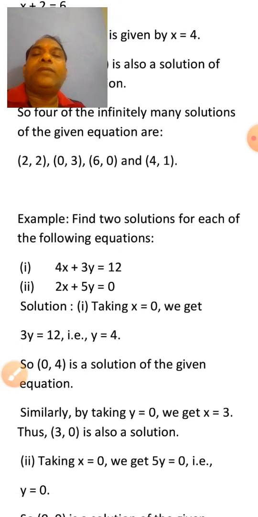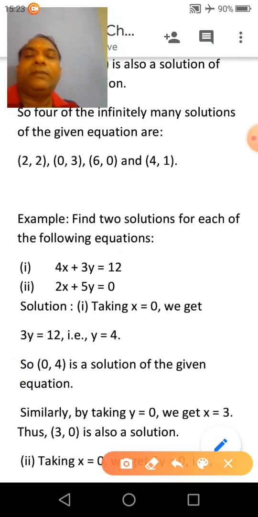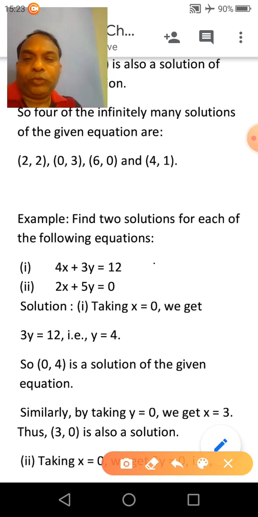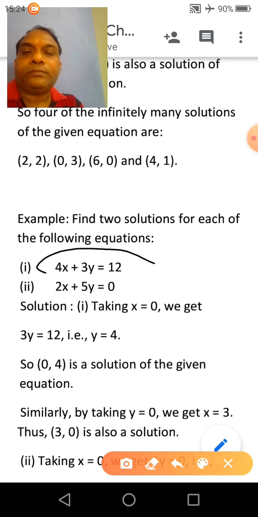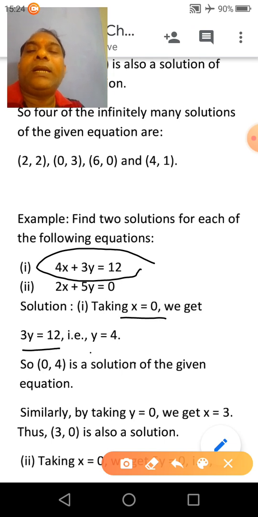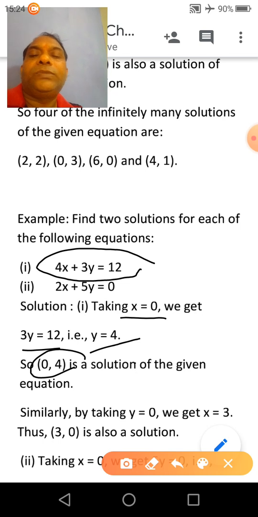Now see the next example. Find two solutions for each of the following equations. So in this question, equations are given, you have to find two solutions. Clear? So the first part, 4x plus 3y is equal to 12. Here put x is equal to 0. Then 3y will be 12 and y is equal to 4. So (0, 4) is a solution of the given equation. Clear?